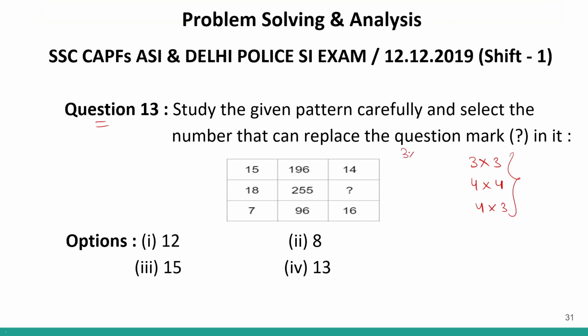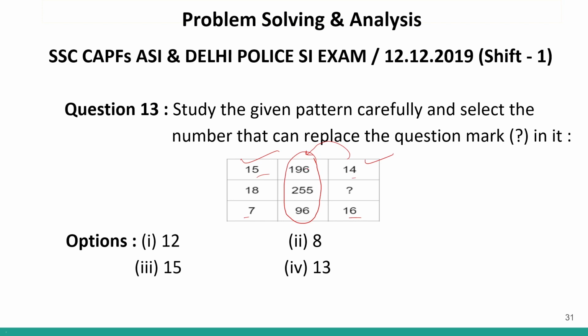Over here we have a 3 into 3 grid. Correct? Now, when I look at this logical grid, I can see that these numbers are certainly bigger than these two numbers. Similarly, over here, these two numbers are small and this is a bigger number. So maybe certain operations are being done on these two numbers to obtain this number.